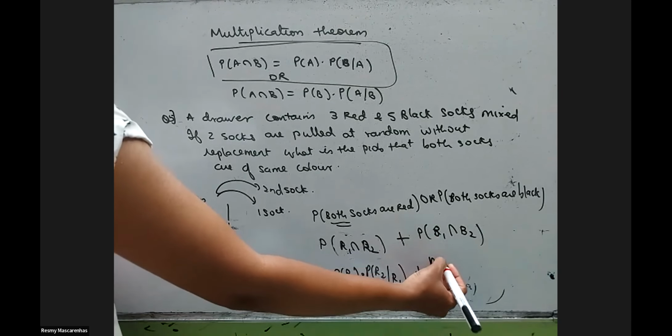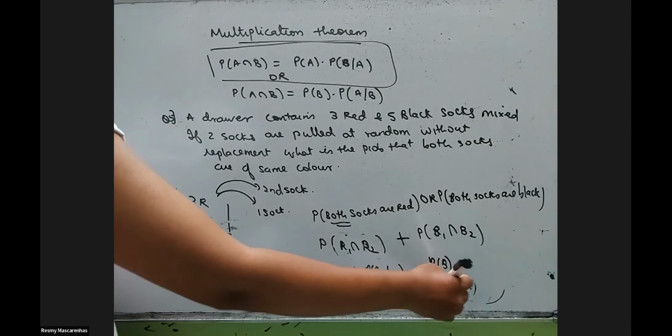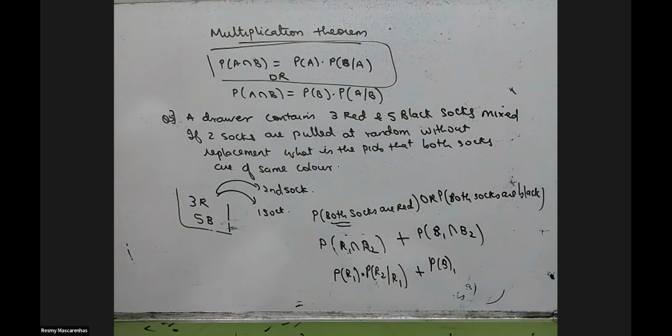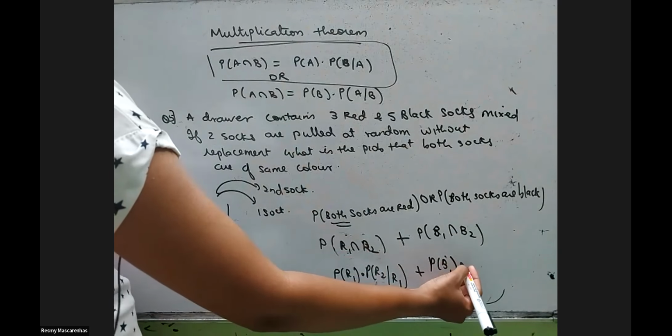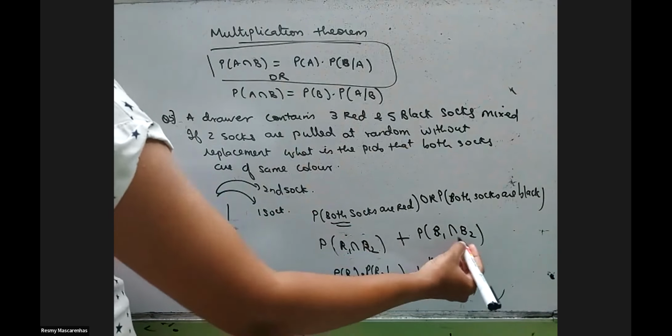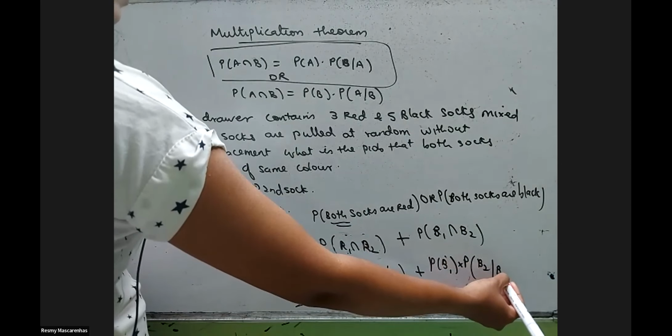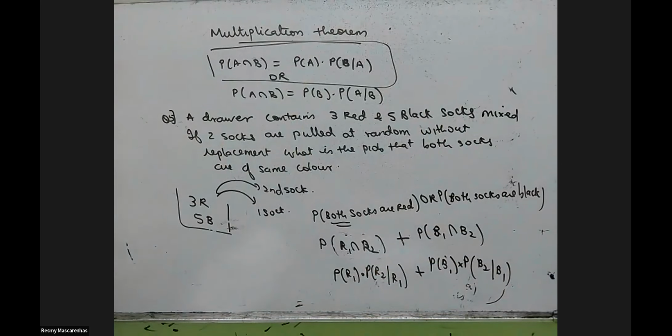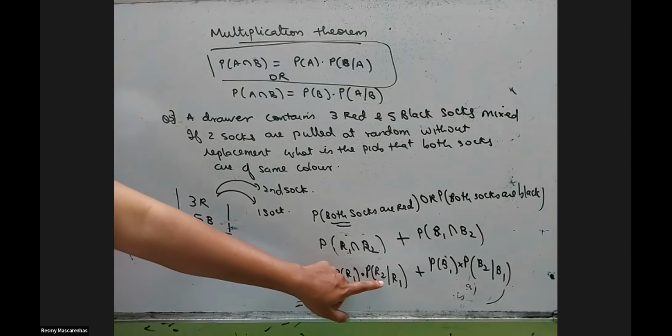Same way here, this is the first one, which is not dependent on anything, so it is straight away P of B1, into the second one, which is definitely dependent on the first one: probability of B2 given B1.